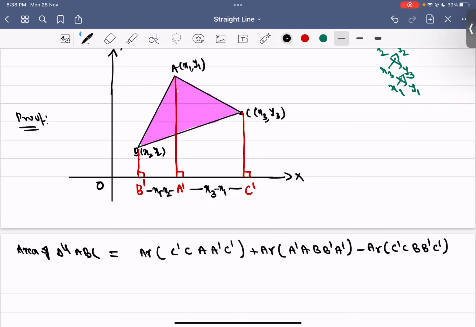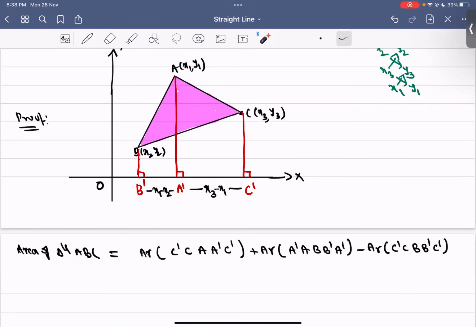Now if you observe here, this is one trapezium, and this is another trapezium. So what is the area of the trapezium? 1/2 times the sum of the parallel sides into height.